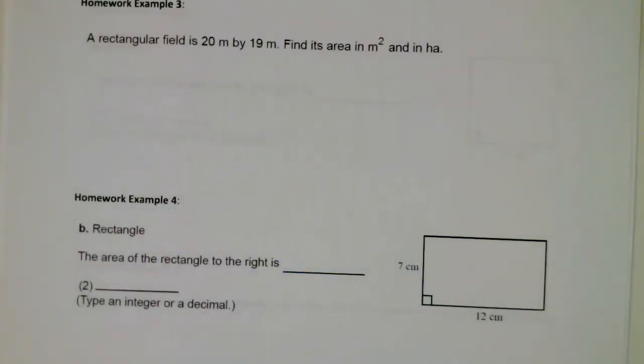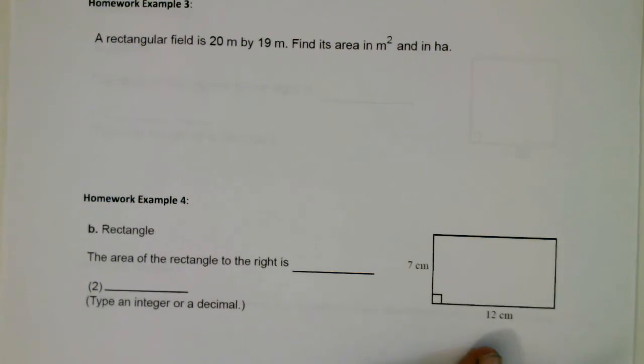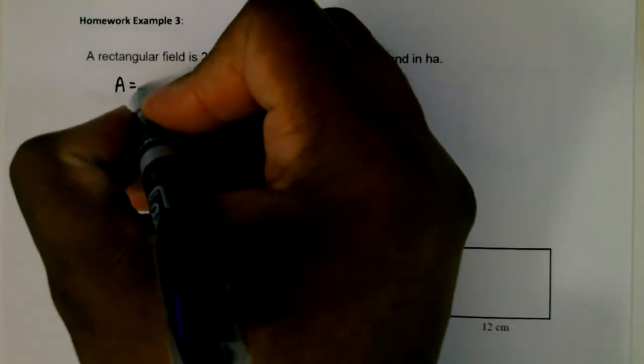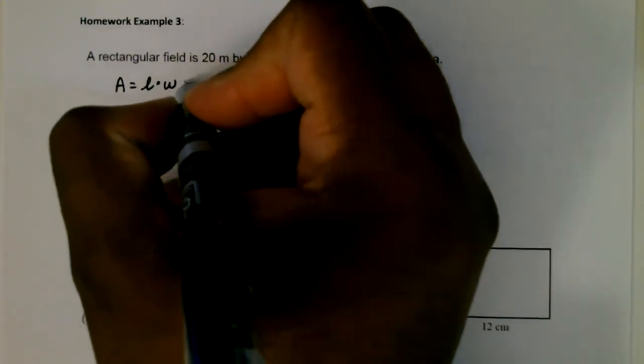All right, next we'll look at this homework example that deals with finding the area. It says here a rectangular field is 20 meters by 19 meters. And here I want to find the area in square meters and in hectares, which is what HA stands for. So we use the formula for the area of a rectangle, which is, of course, length times width.